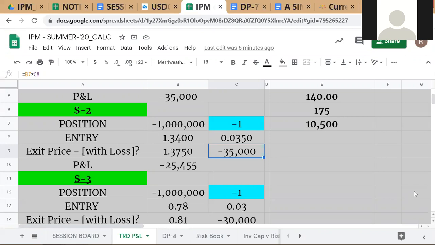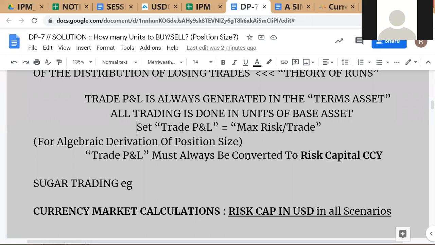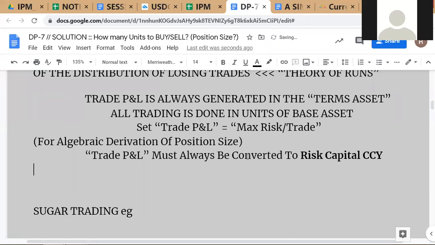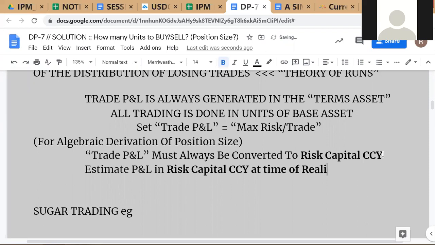Correct, but let's be even more correct. What is the objective of this calculation? What are we trying to figure out here? We have to estimate the P&L in risk capital currency at the time of realization of P&L.